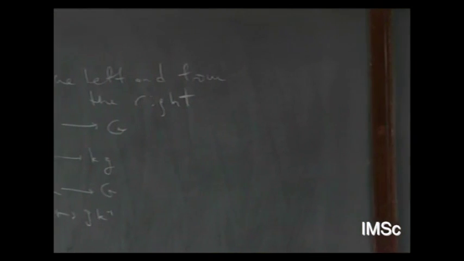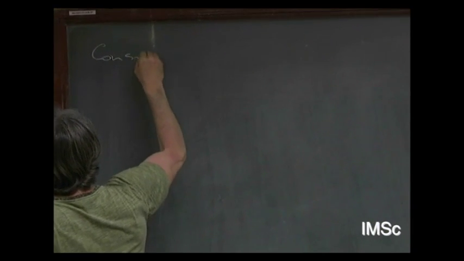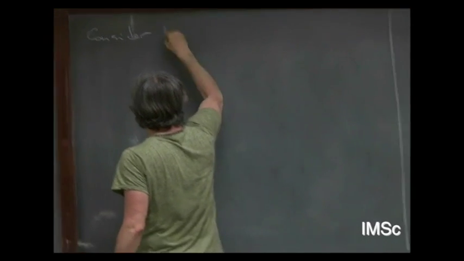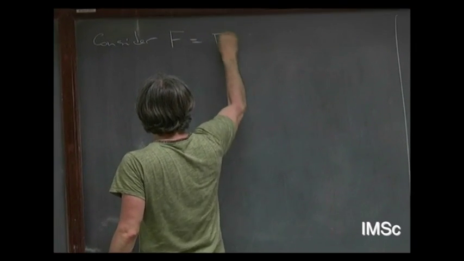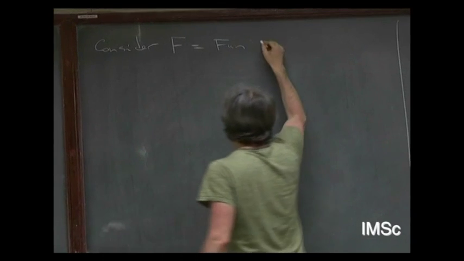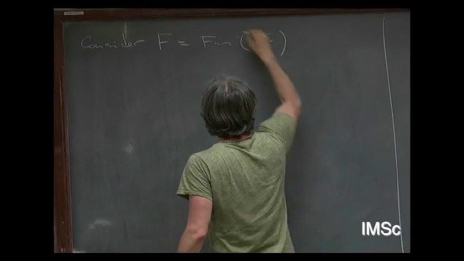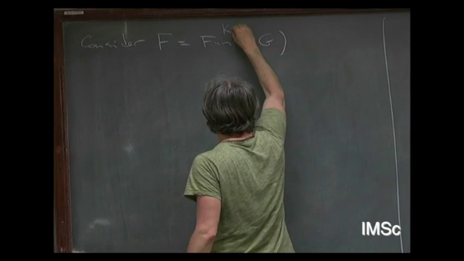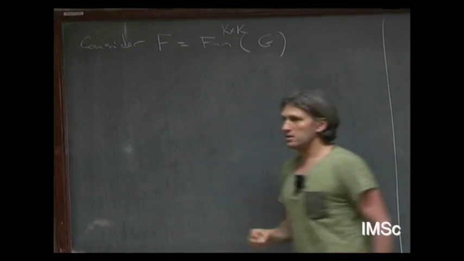So what we can do, we can consider, well, let me call this vector space F. These are just functions, say complex valued functions on the group G, which are invariant under translations both from the left and from the right.